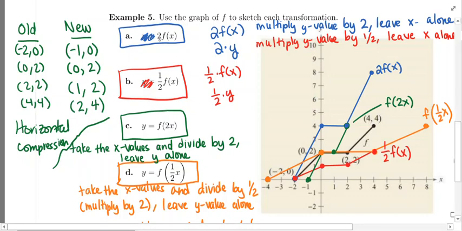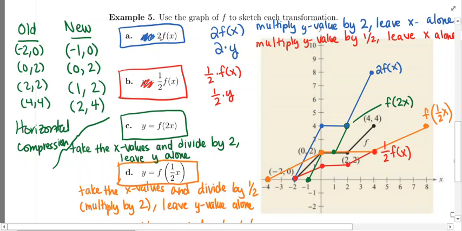Just remember, you're going to be multiplying by a number either outside of the function or inside the parentheses. That's going to indicate that you're dealing with a stretch or a compression. If it is a vertical stretch or compression, the number will be outside, and you will be multiplying the function by that number.